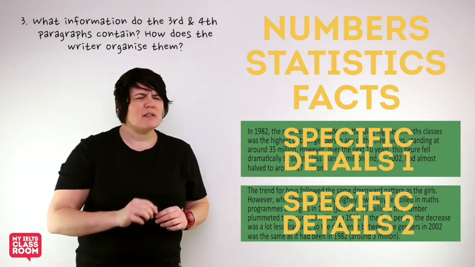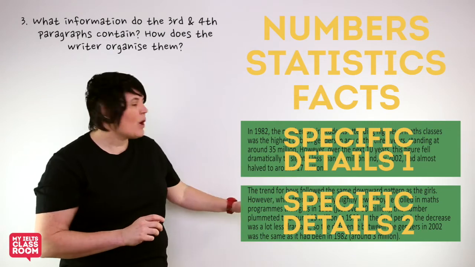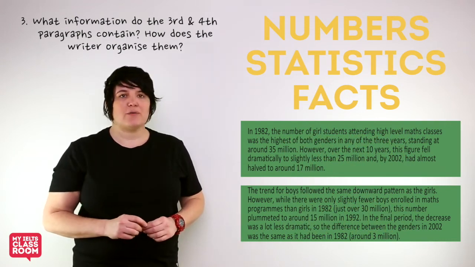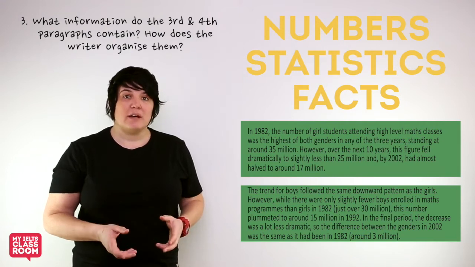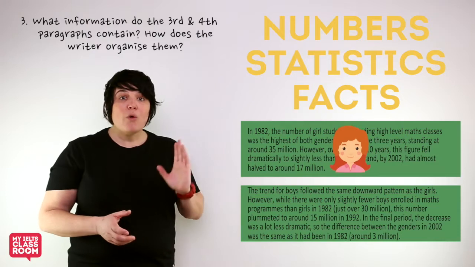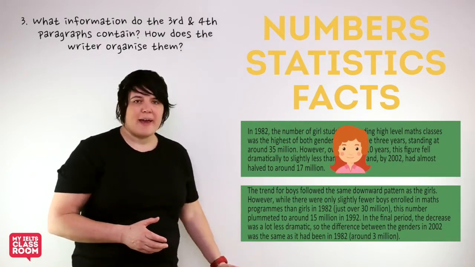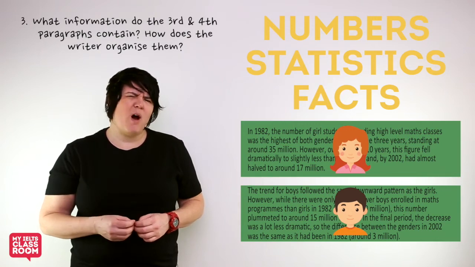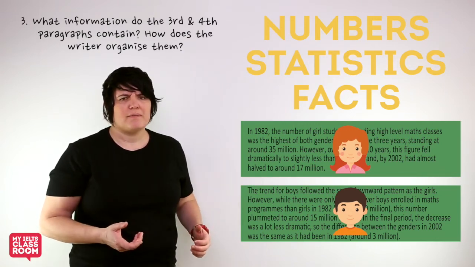However, we also need to think about how we organise these paragraphs. How did this writer organise the paragraphs? I think they did it by gender. They put all the information for girls here and all the information for boys there. But why did they start with girls? Why are girls first?